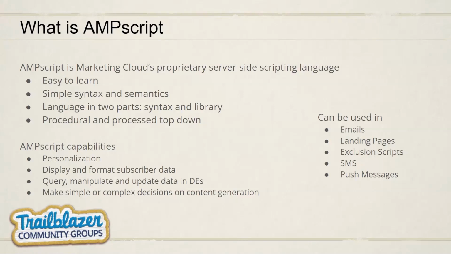One is dynamic content. The dynamic content block, we just use it to set some criteria, and depending on the criteria, the specific content will be rendered in the email. That is one way. The other way is to use the personalization strings, which are available within Email Studio itself. And the next one is using AMPscript.